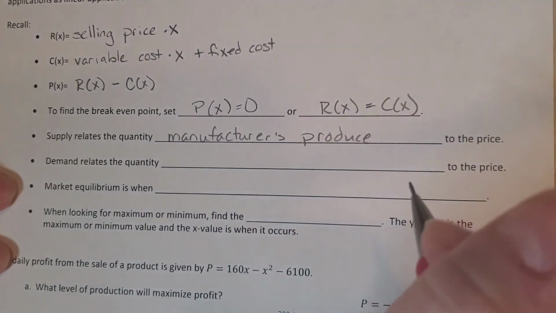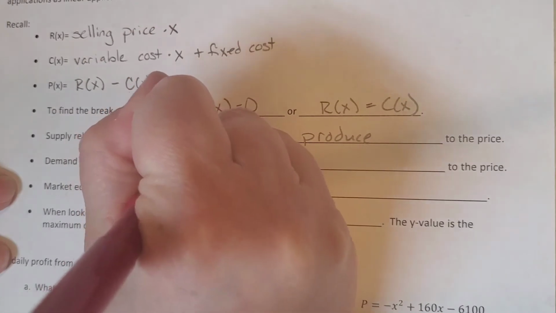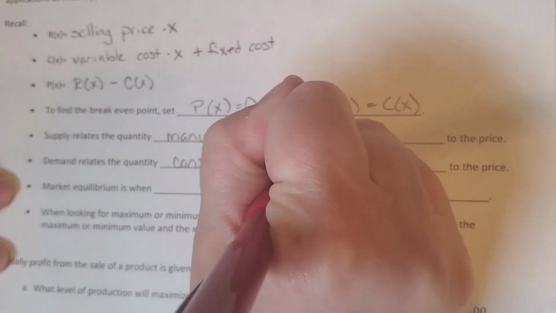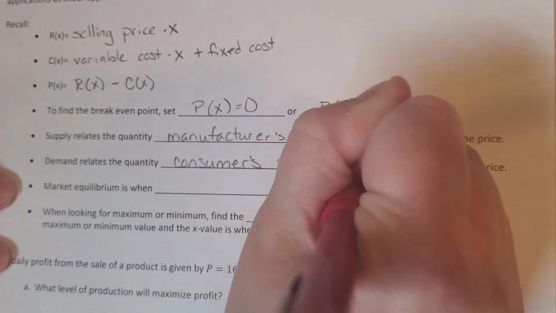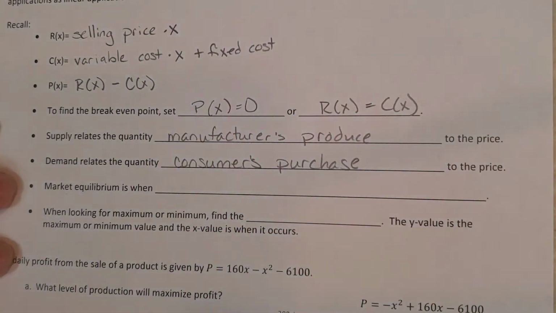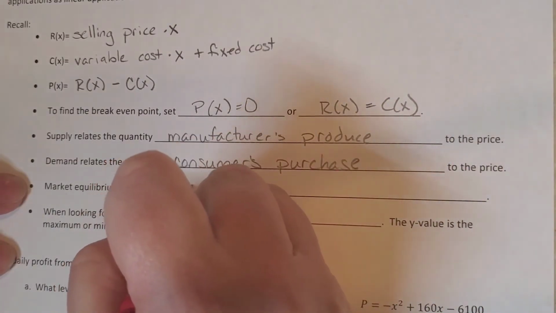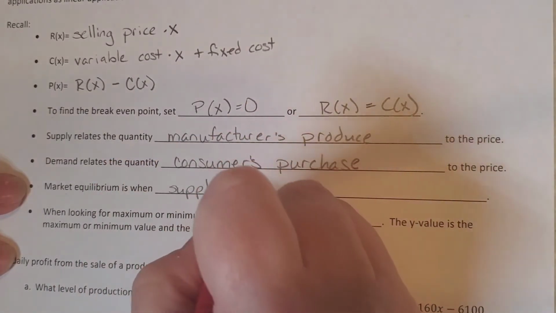And the demand relates the quantity that consumers purchase to the price. And then we could look at those together and see market equilibrium, which is when the supply equals the demand at a particular price.